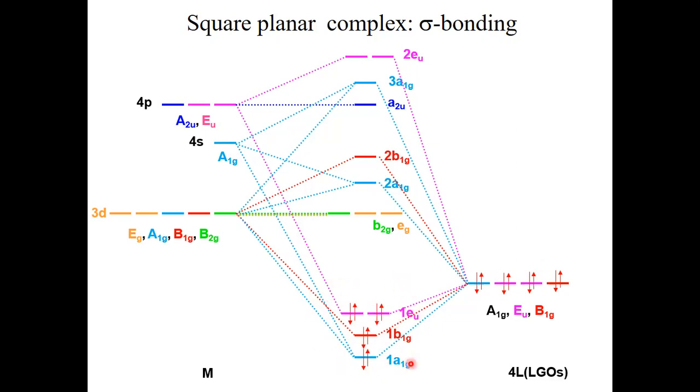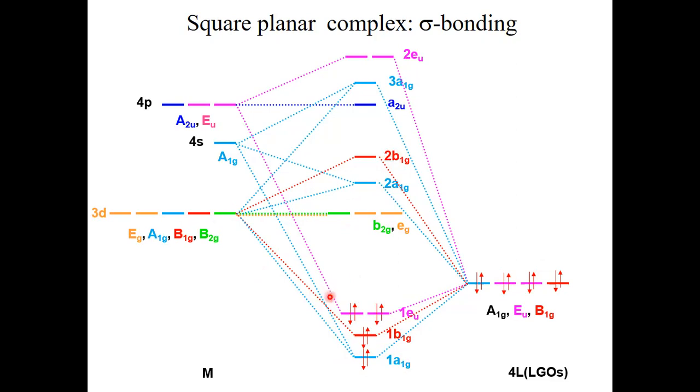Any metal d electrons would need to go into either the B2G, the EG, the 2A1G, or the 2B1G, depending on how many d electrons we have.